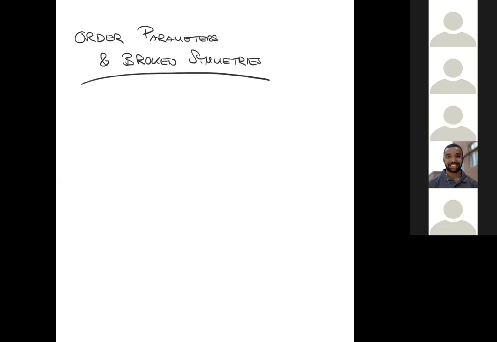So this whole chapter of the book, or this whole section of the course, what it really is about is possible states of matter and possible phase transitions.